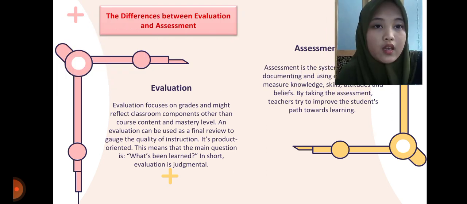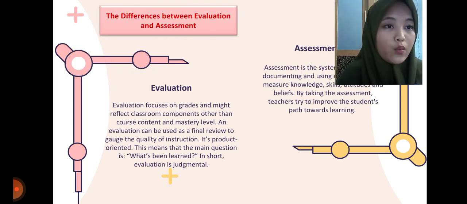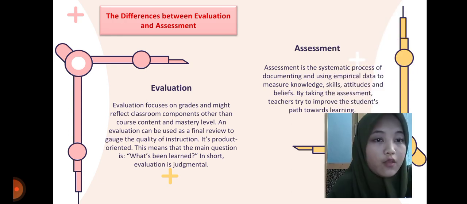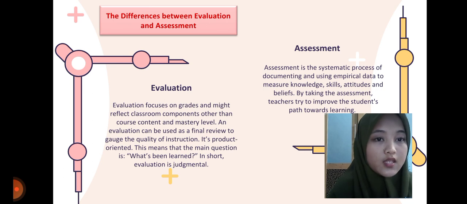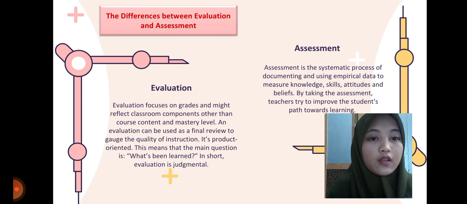Now, the differences between evaluation and assessment. Evaluation focuses on grades and might reflect classroom components other than course content and mastery level. An evaluation can be used as a final review to gauge the quality of instructions. It's product-oriented.